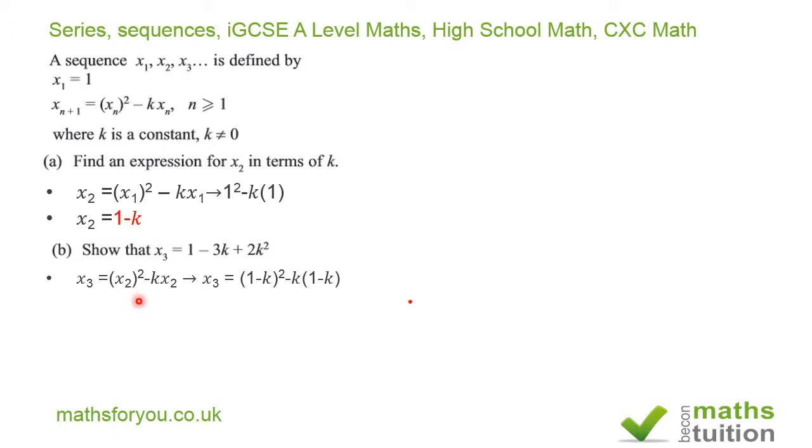Now, x sub 2 we know is 1 minus k, so that's 1 minus k squared minus k times x sub 2. And when you simplify this, you get 1 minus 2k plus k squared minus k plus k squared, and that simplifies to 1 minus 3k plus 2k squared as required.